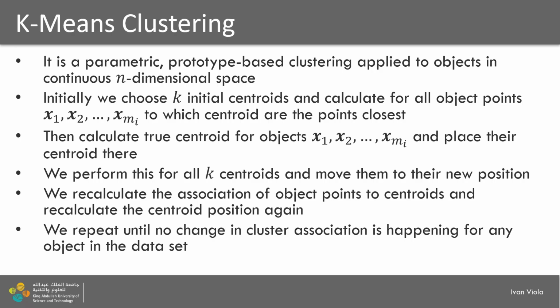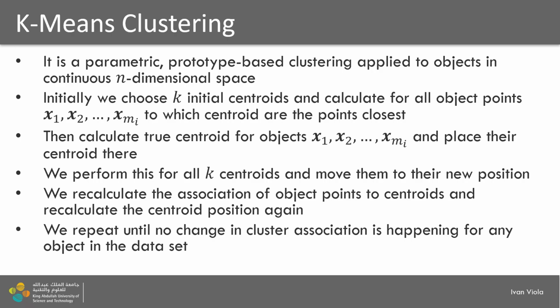This might mean that for some points, this prototype might leave its vicinity, might become too far away, and that will lead to the fact that it is no longer the closest centroid for that particular data point, and that data point might be reassigned to another centroid.